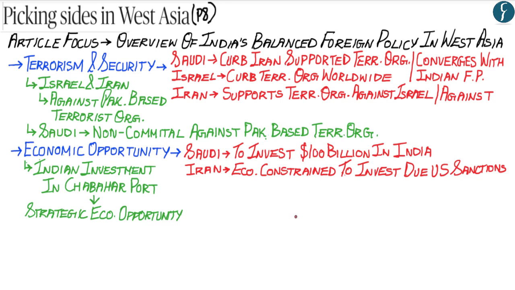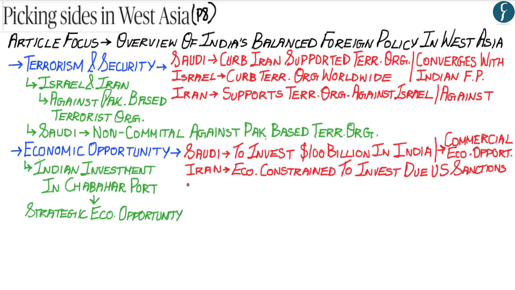Now, therefore, the investment that Saudi Arabia is making into India, which is worth around $100 billion, is basically providing India with commercial economic opportunity. However, India's investment within the Chabahar port within Iran is providing India with strategic economic opportunity, whereby it connects India to Central Asia and also allows India to bypass Pakistan so as to increase its connectivity within Afghanistan.